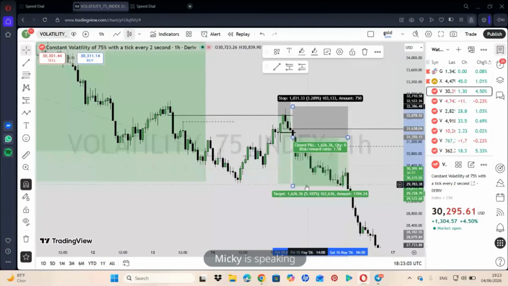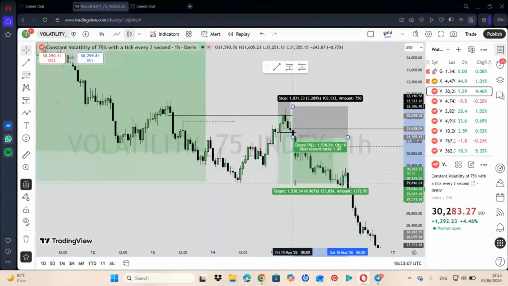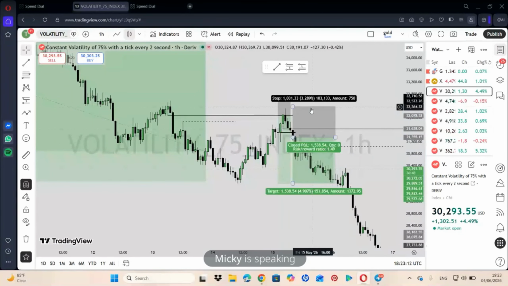Then you target the same place. And as you can see, price hits TP.